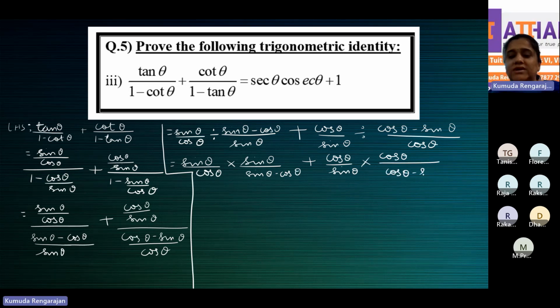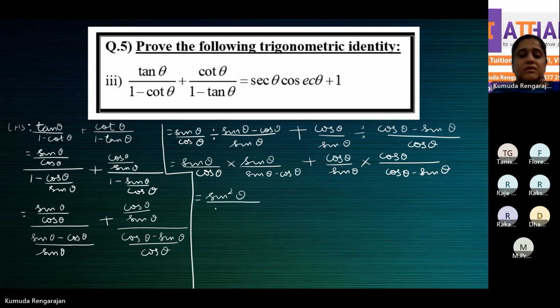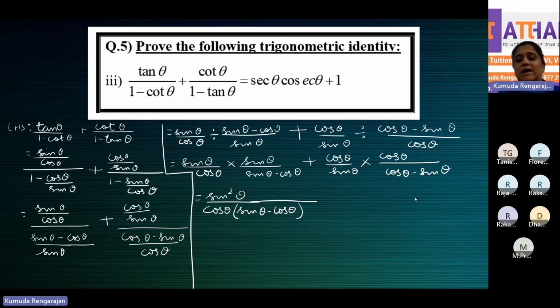Very good, cos theta minus sine theta. Next, multiply the numerators: sine theta into sine theta, sine square theta. No, don't multiply the cos theta into (sine theta minus cos theta). Denominator, don't multiply now. If needed, we'll open the bracket later.